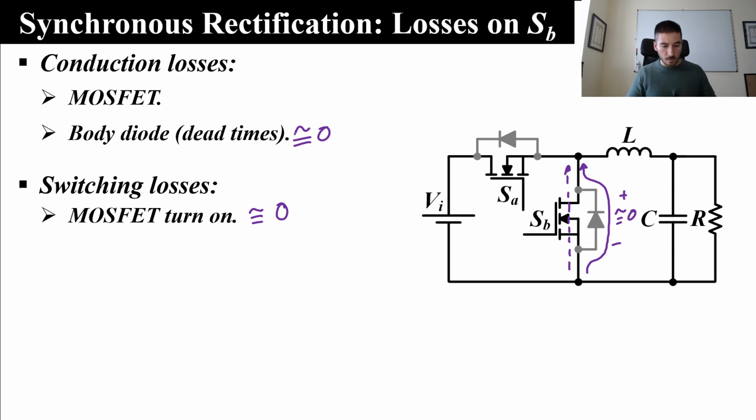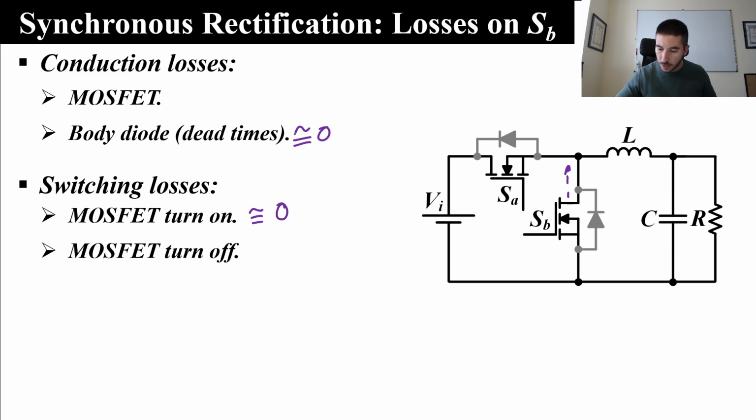Well, what about the MOSFET turn off? In order to analyze this situation, we have to point out that the current was flowing through the MOSFET channel, and after we turn off the MOSFET, the current will activate the body diode.